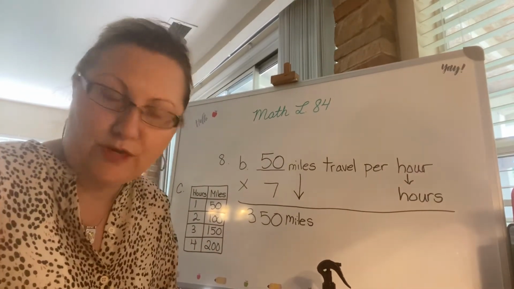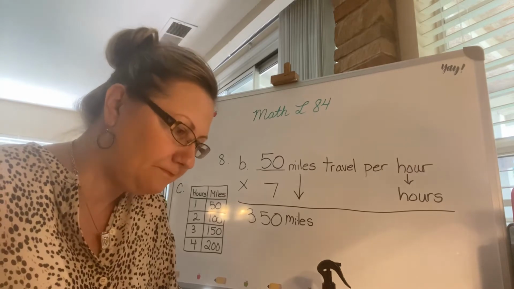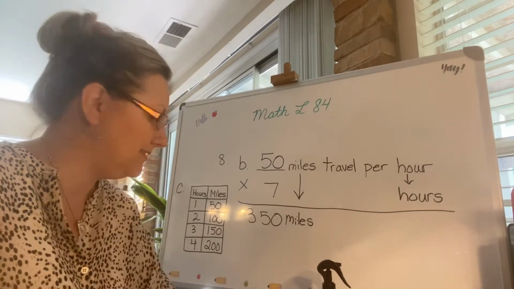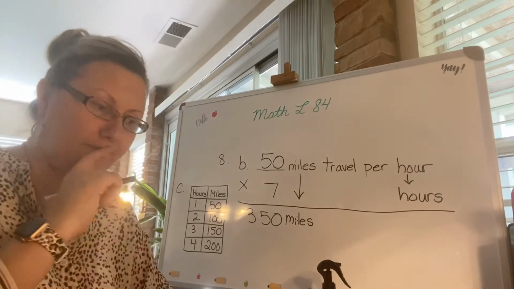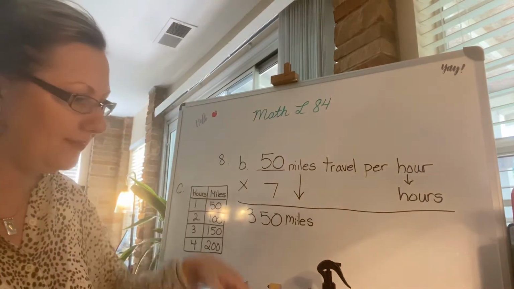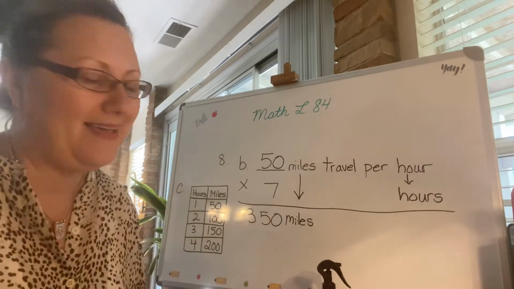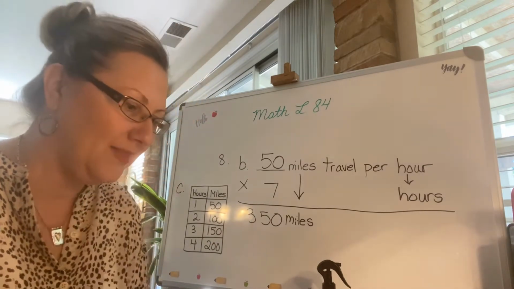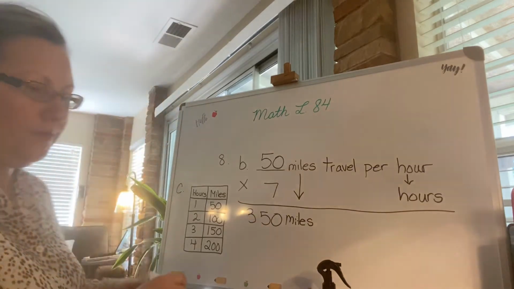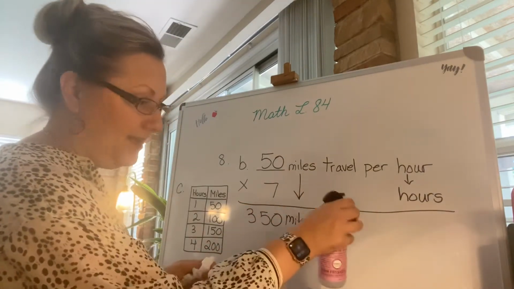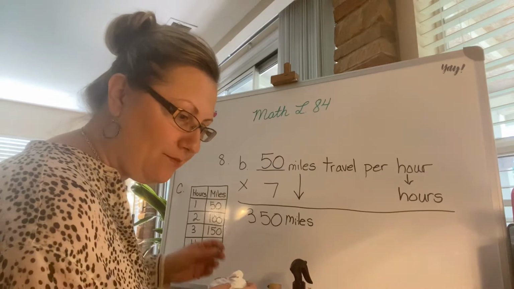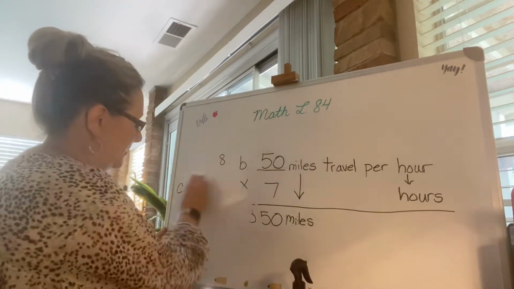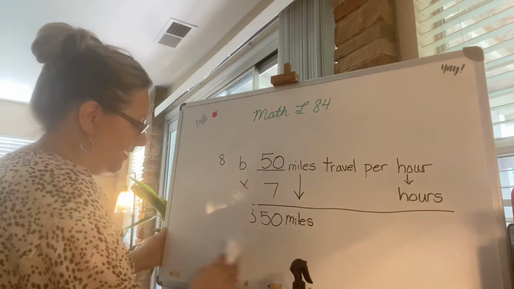Does that answer our question for C? It does. I believe you will find that it does. So we can move on to number 9. Now, if you need a moment, take that moment, pause it, and go ahead and get all of this information down. So number 9 now says, the product of 7 and 8 is how much greater than the sum of 7 and 8? So I need just a moment to get my board ready.